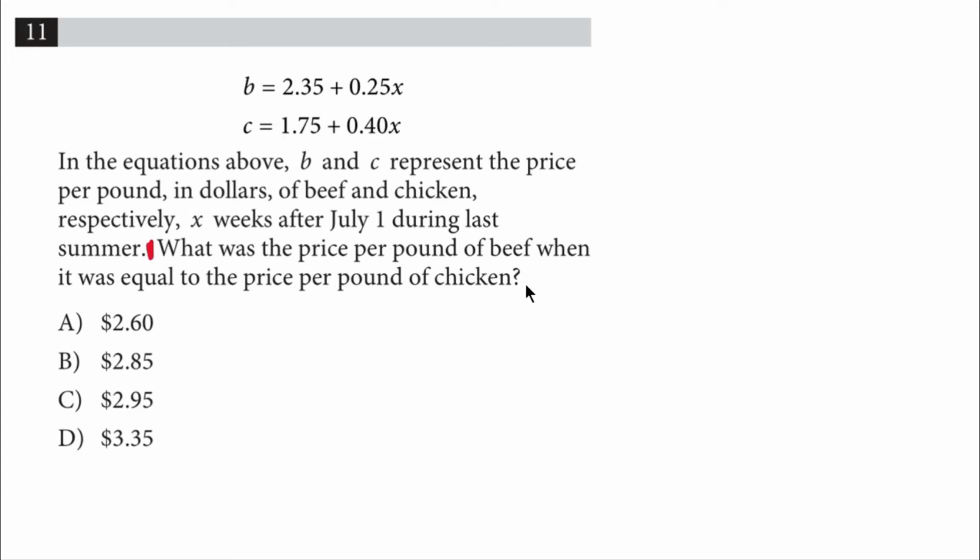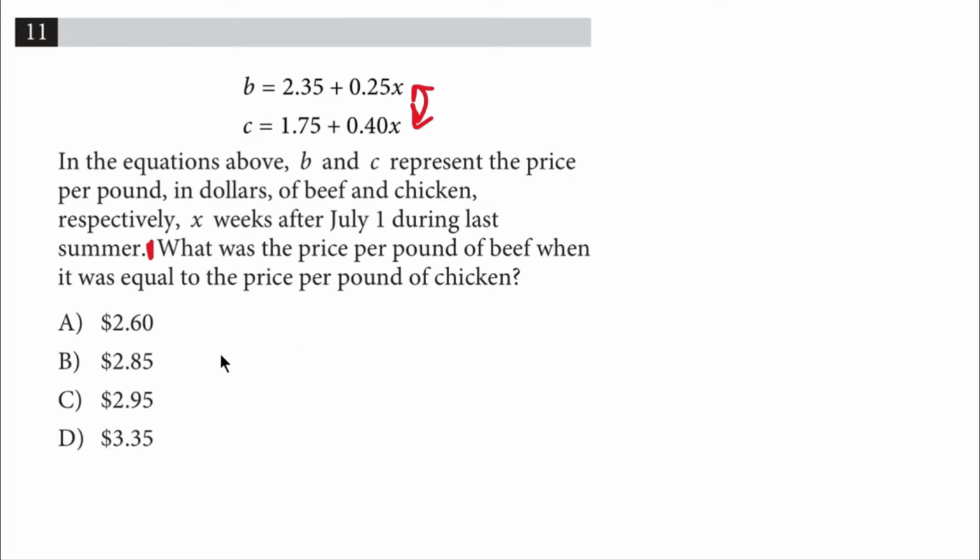What was the price per pound of beef when it was equal to the price per pound of chicken? Okay, so we need to understand what was the price of beef when it was equal to the price of chicken. Guys, in order to be able to solve this question, we need to equate these two, because we are interested in the case where those two are equal.